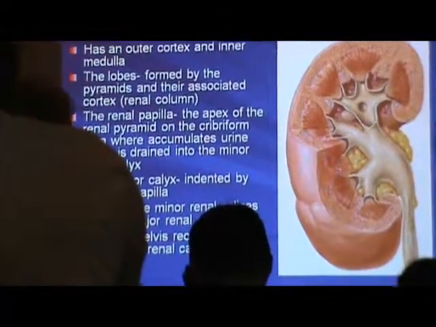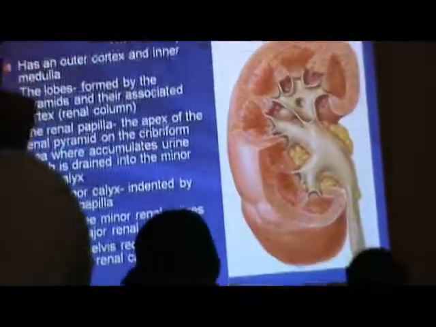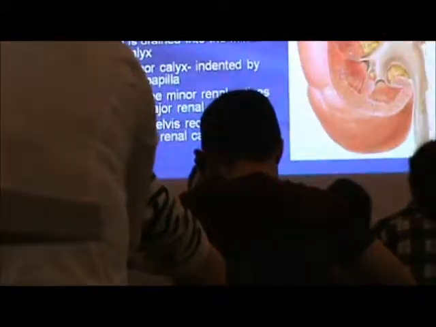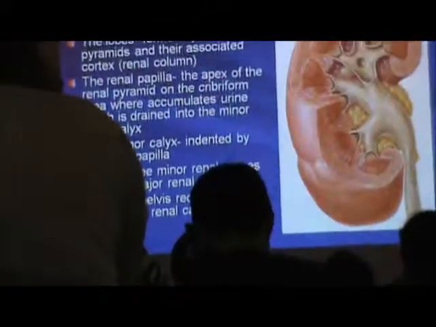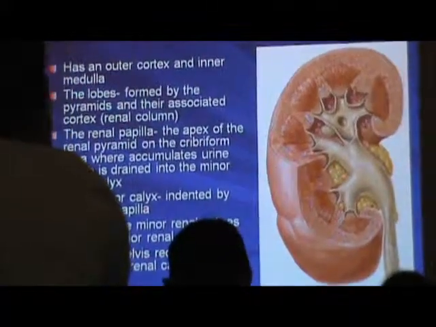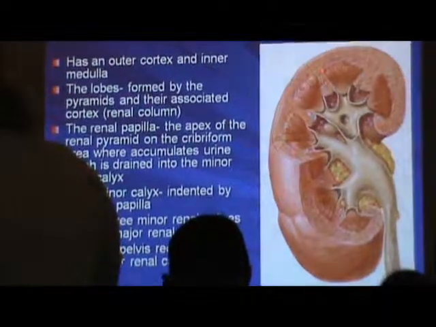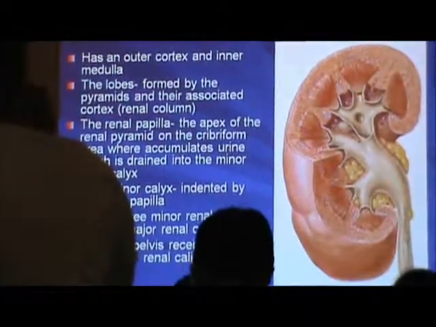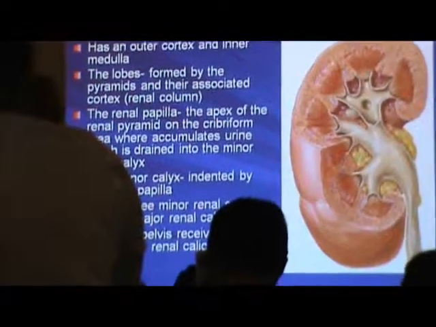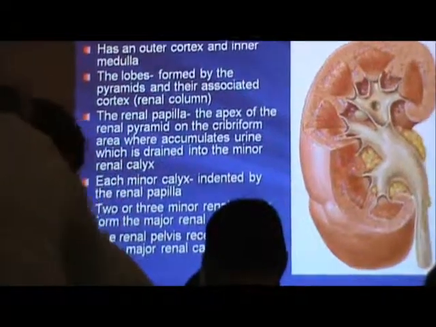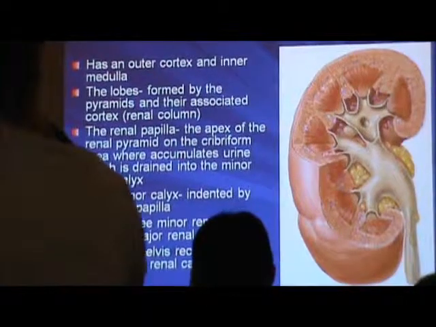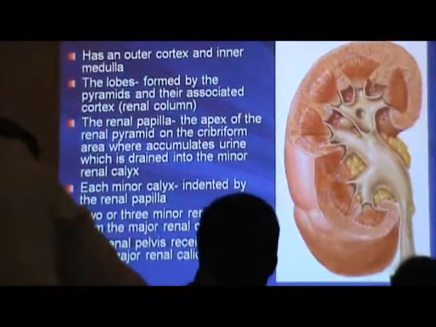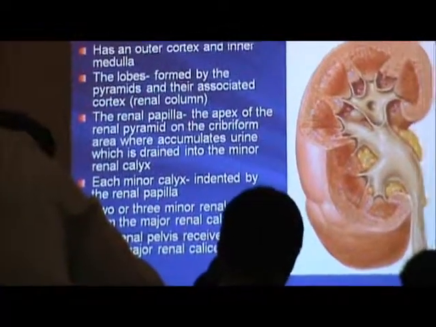Normally in our specimens you will sometimes find problems with finding it. So what can help you? If you see a renal pyramid with the renal papilla, then around the renal papilla should be the minor renal calyx. And that's it, so it's easy.